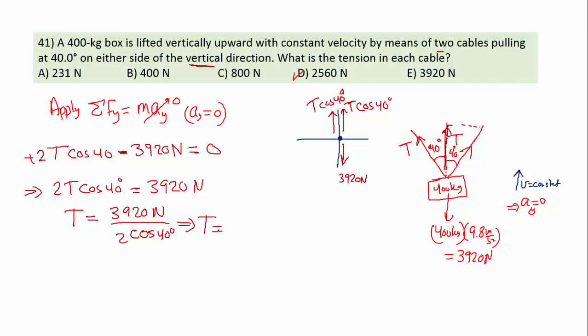Cosine 40 is around 0.77 times 2, which will be 1.532. So it's around 3,920 Newton divided by 1.53, and this should give you around 2,562 Newton. When you round it off to 3 figures, this is 2,560 Newton, which is D.